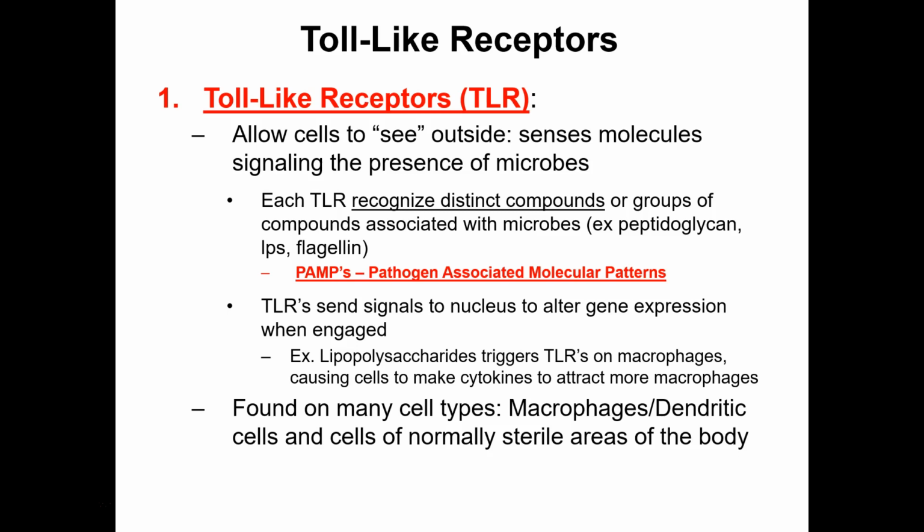Okay? So ligand. Ligand is a broad term for anything a receptor can interact with. This is a specific set of receptors. So there's got to be a name for these ligands that they interact with, these pathogenic ones. We call them PAMPs. Pathogenic associated molecular pattern. A PAMP is anything potentially pathogenic.